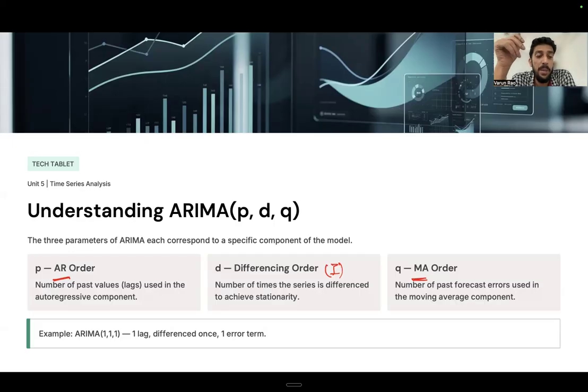P is the number of past value lags in the autoregressive component. The d is the differencing order, the number of times the series is differenced to achieve stationarity. And then you have MA, the moving average: q is the number of past forecast errors in the moving average component.